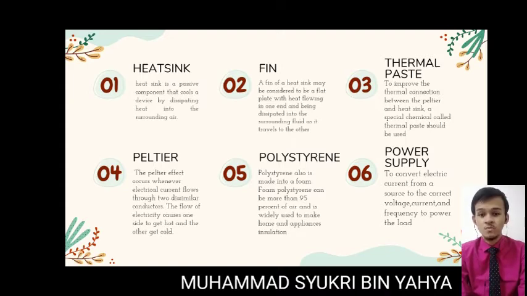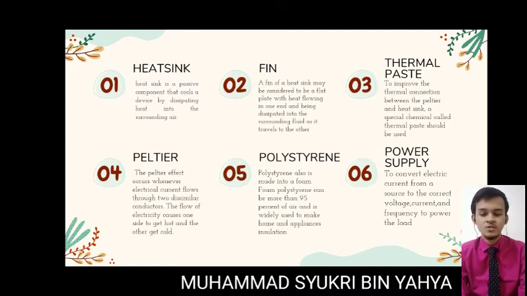Thermal paste improves the connection between the Peltier and heatsink. A special chemical called thermal paste should be used. Fourth, Peltier. The Peltier effect occurs whenever electrical current flows through two dissimilar conductors. The flow of electricity causes one side to get hot and the other to get cold.